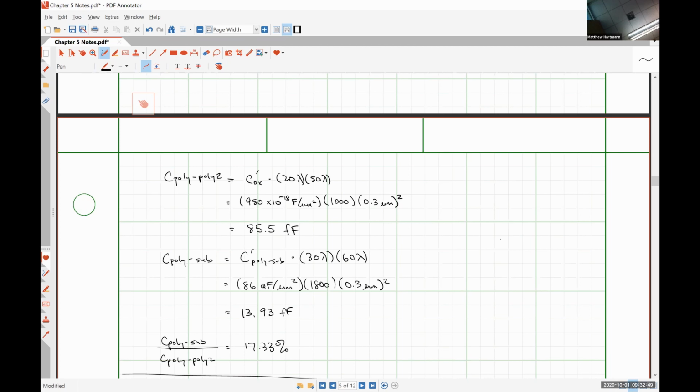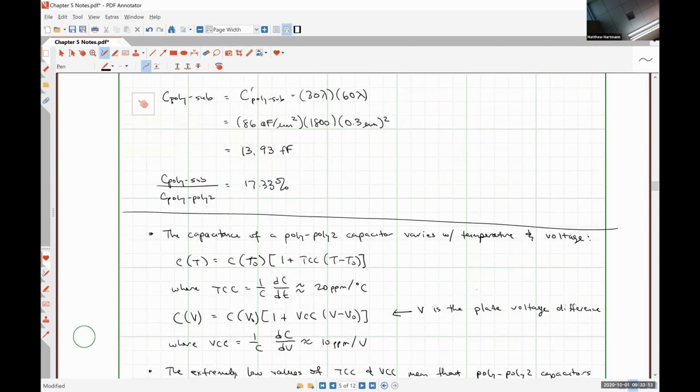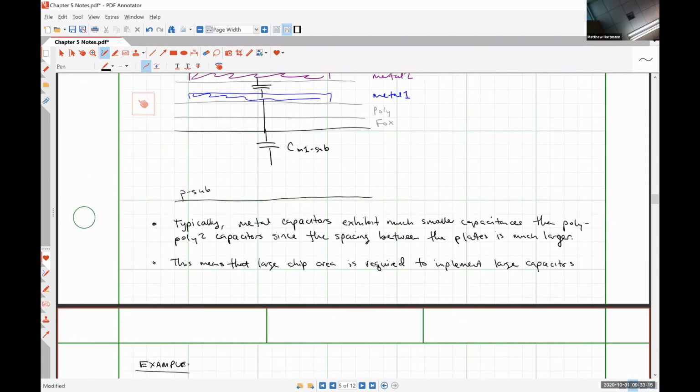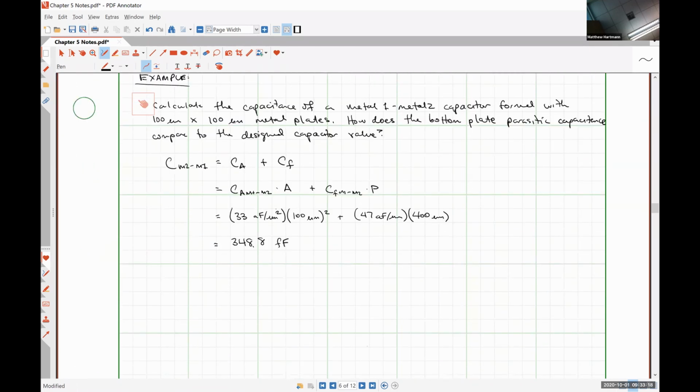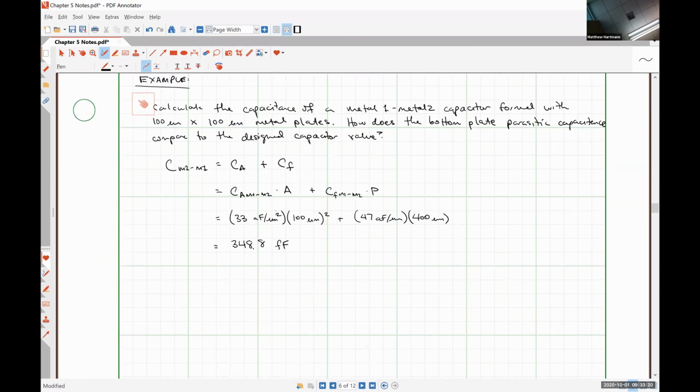That being said, the total area here, right? So 20 lambda times 50 lambda. So that's 20 times 0.3 times 50 times 0.3, which is 90 microns squared. Whereas here, the area of our plate is 100 microns by 100 microns.